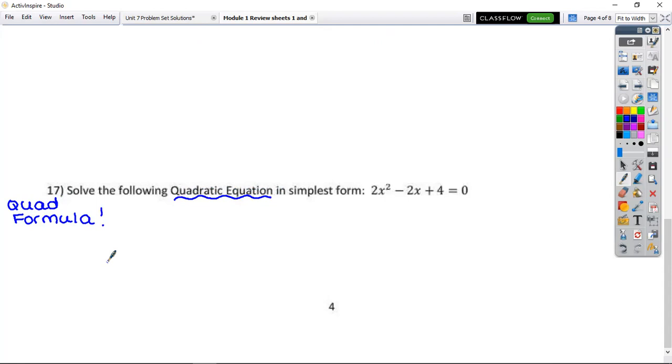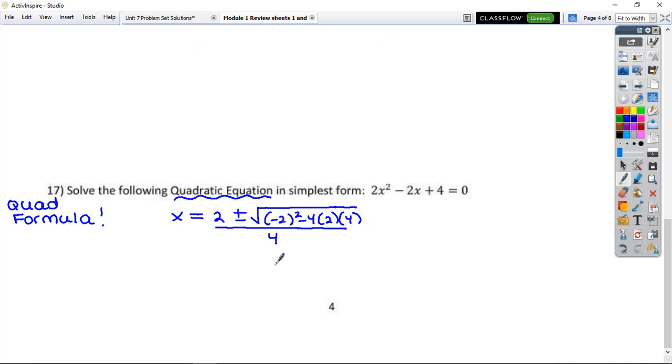So your formula goes, x is equal to negative b plus and minus the square root of b squared minus 4 times a times the c, all over 2 times a, which in our case would be 4.